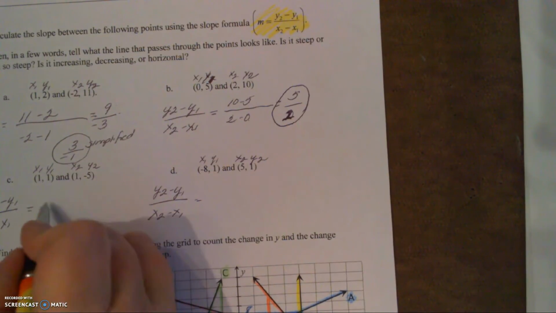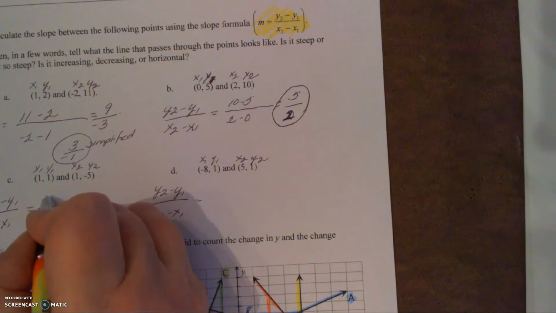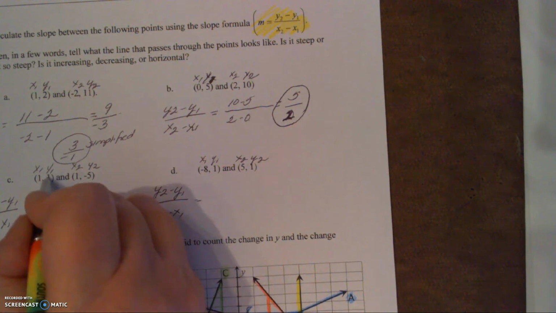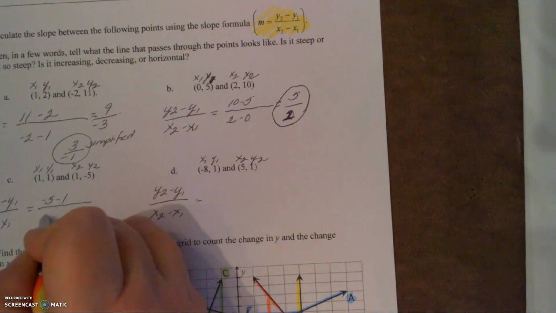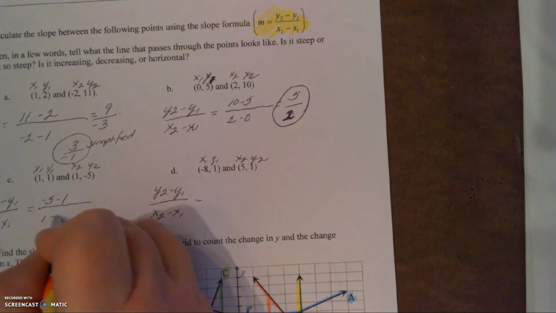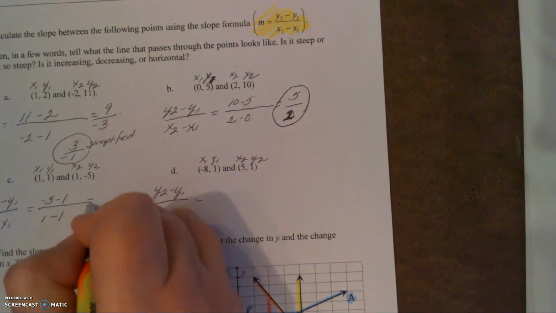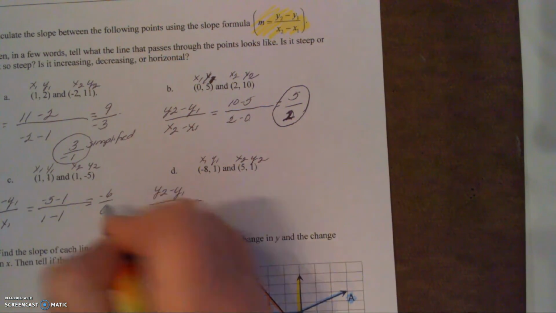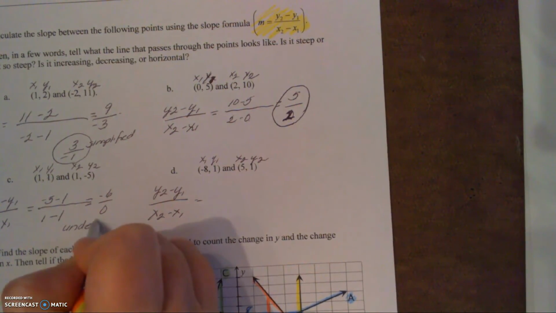Okay? So here, we're going to go y2 is negative 5 minus 1 for y1. x2 is 1, and x1 is 1, so we're going to get negative 6 over 0. And this would be undefined.